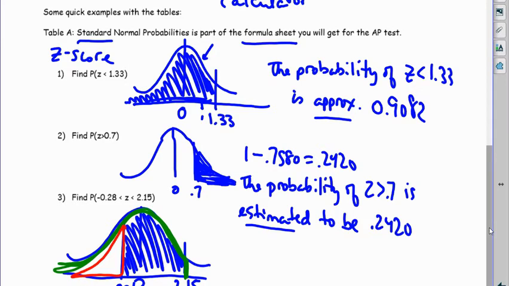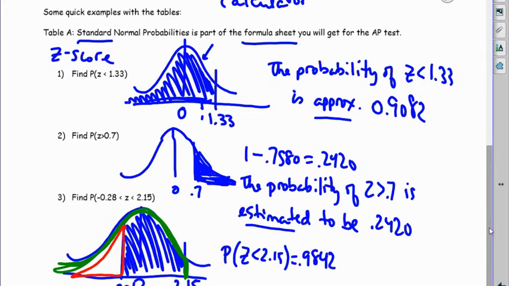So going to the table, I find the probability that my z will go below a 2.15 from the table. I'm going to let you look at your own table.